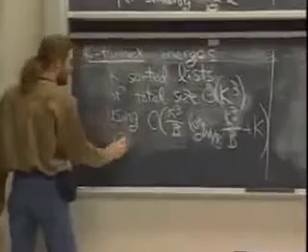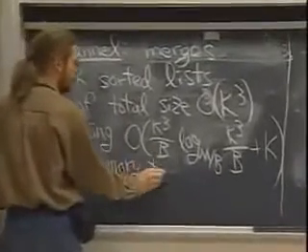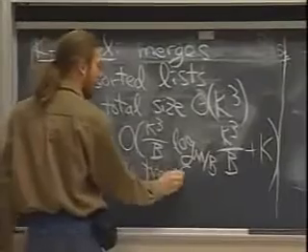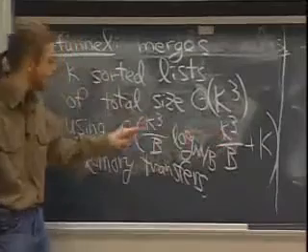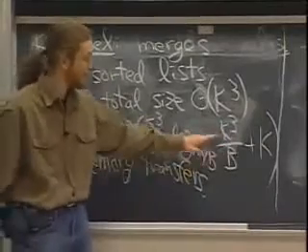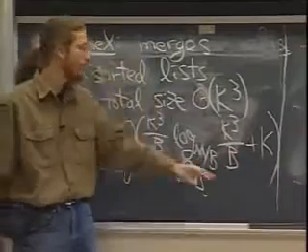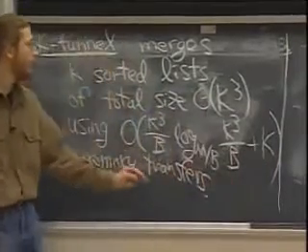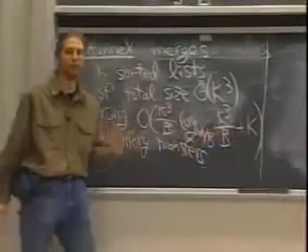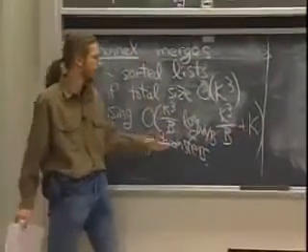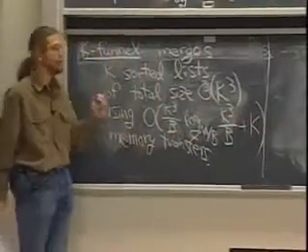So the number of memory transfers that this funnel merger uses is the sorting bound on k cubed, so k cubed over b log base m over b of k cubed over b, plus another k memory transfers. Now, k memory transfers is pretty reasonable. You've got to at least start reading each list, so you've got to pay one memory transfer per list. But our challenge in some sense will be getting rid of this plus k. This is how fast we can merge.